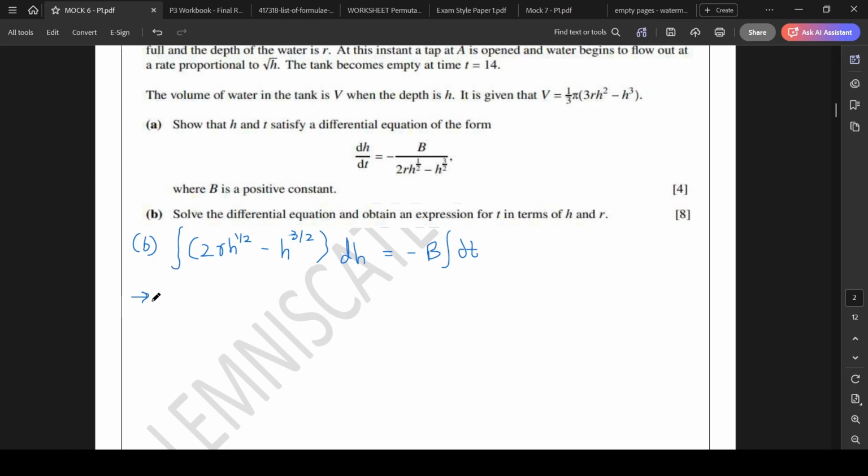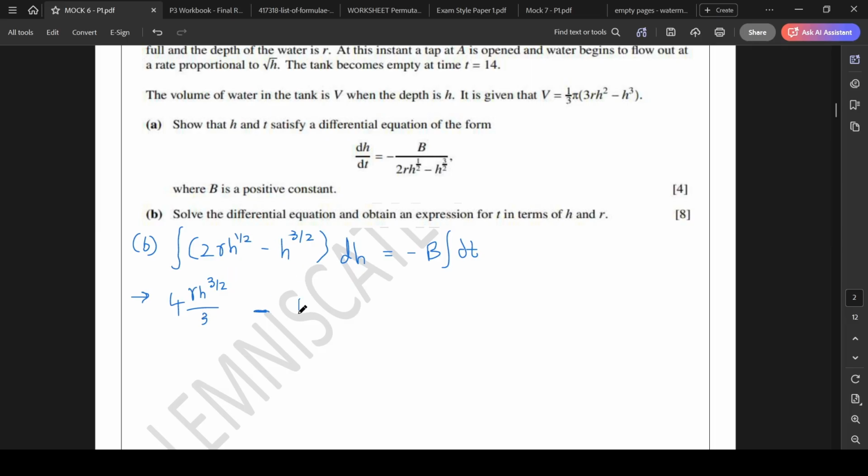So on the left side, don't forget r is a constant, not a variable. So we can easily integrate this. So this will become r h to the power of what is half plus 1, it is 3 by 2. So this 3 and the 2 over here goes on the top. So 2 times this 2 that is already present will become 4. So this is going to become 4 by 3 r h to the power of 3 by 2.